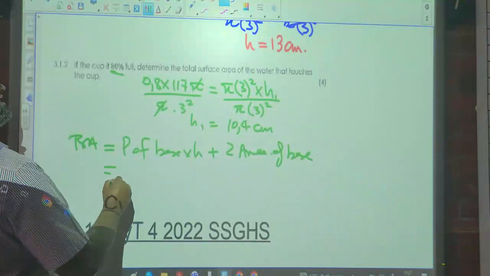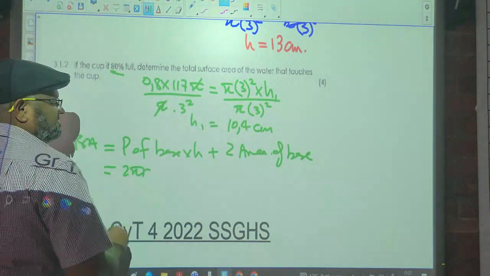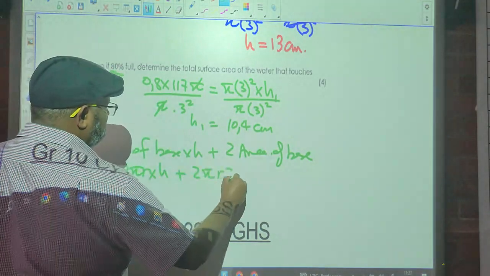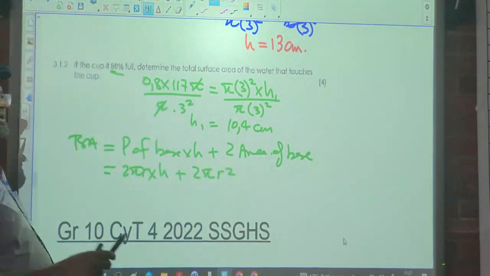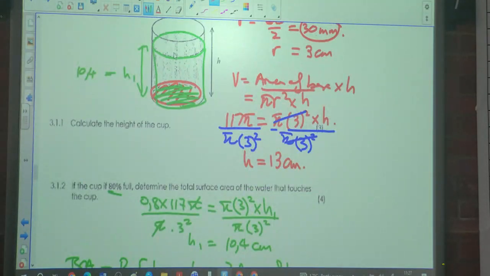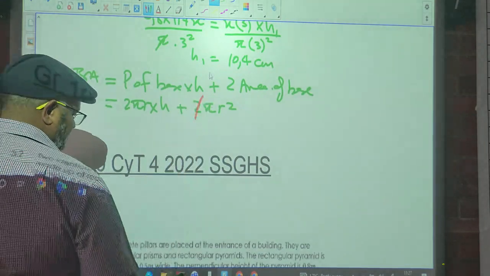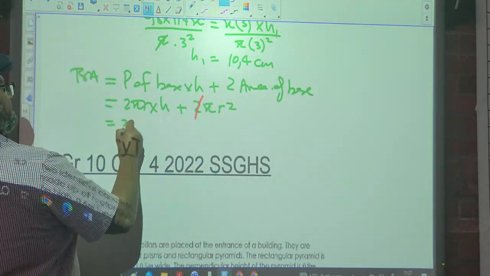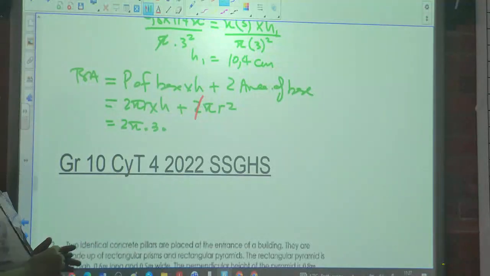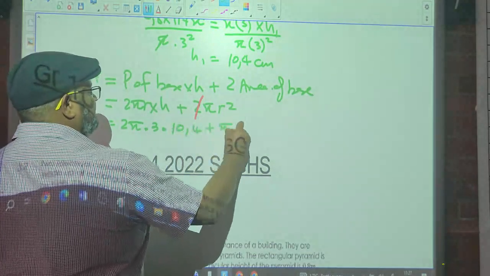How do you calculate the perimeter of a circle? 2 pi r, times height, plus 2 area of base, pi r squared. Since the top we're not considering, you see the top here we're not considering, it's going to be 1 area of base. So it will be 2 pi, my radius is 3, times the height which I just calculated, 10.4, plus pi times 3 squared.